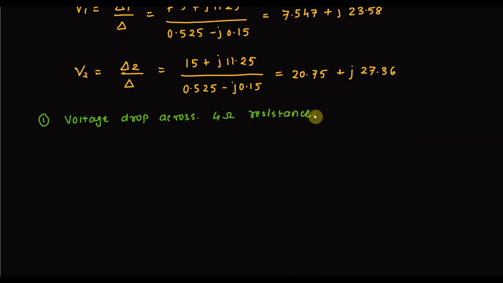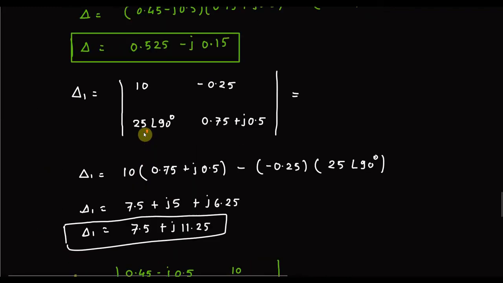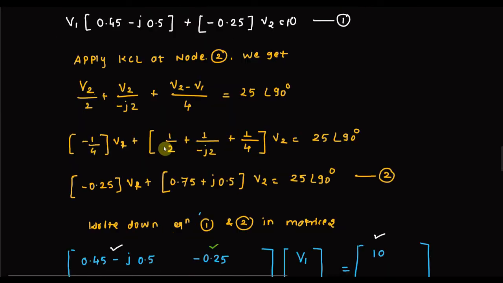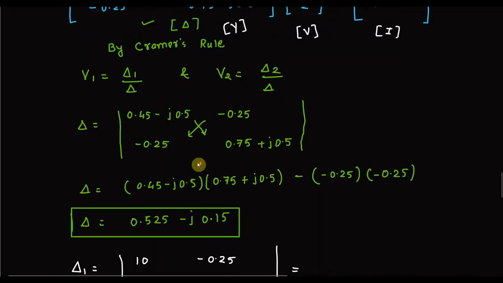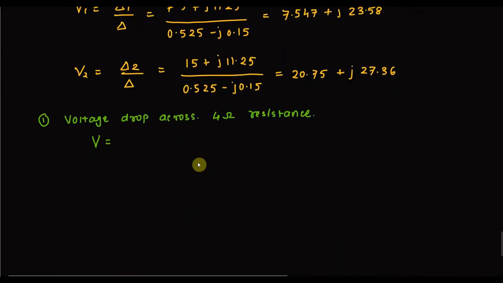If I want to find the voltage drop across the 4 ohm resistance, it is simply this one. You can see, it is simply the voltage drop. So it is V1, this is V2. So it is V1 minus V2. So you substitute the values of V1 and V2.